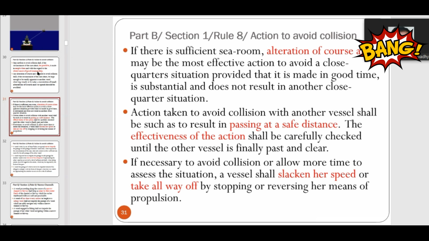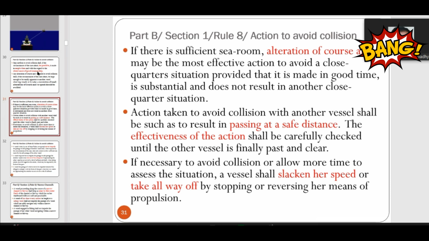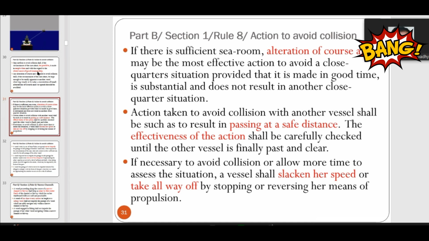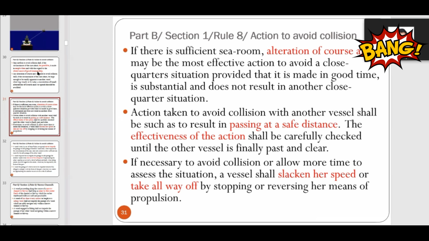What do you mean by substantial? What is the literal meaning of substantial? Tell me. I have told you all that you must keep a dictionary along with you. What is the literal meaning of substantial? Large in amount, sir. What is written in the dictionary?